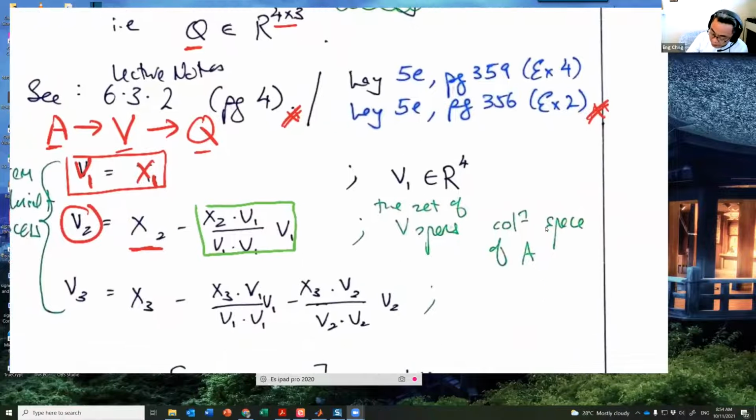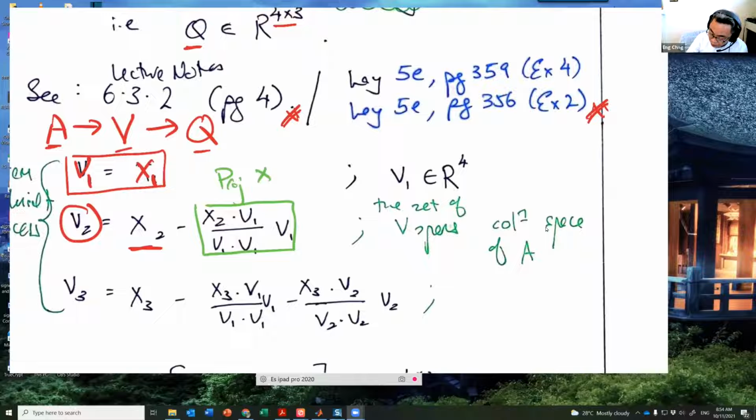This is the projection of x2 onto V1. Remember who's V1? V1 is here. In English, what does it mean? It means that to get my V2, I'm using the input x2 and subtracting from x2 how x2 lands on V1, and I get the residual.